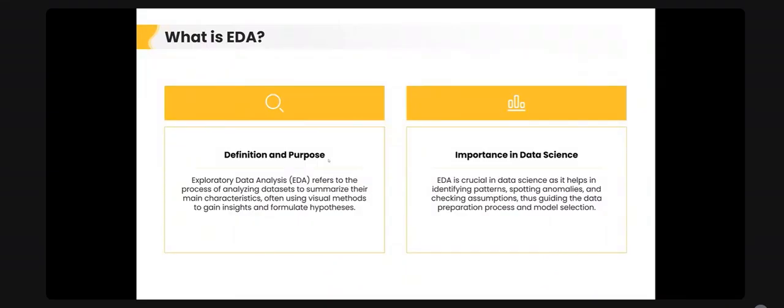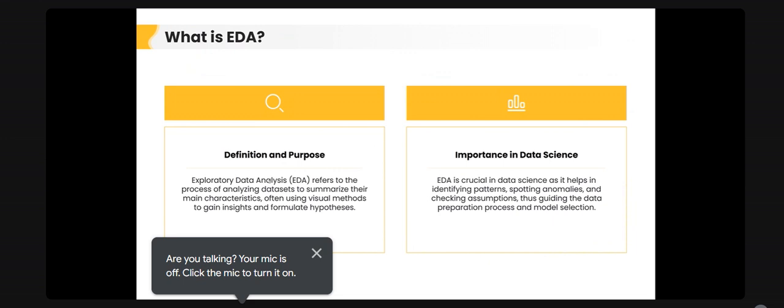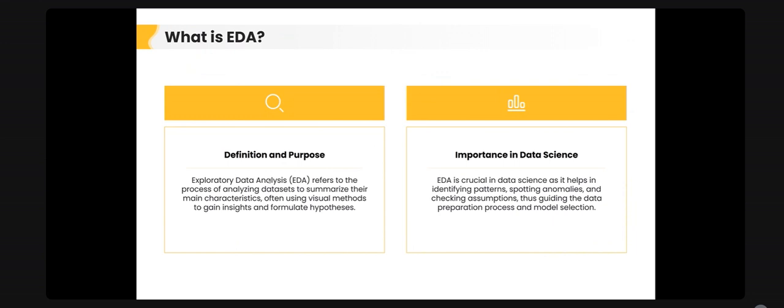So this is the definition. Why do we need EDA? EDA refers to the process of analyzing data sets. What are we analyzing here? The data set, whatever data you have. It could be categorical data. You have 10 columns, all categorical, and you have another data set where all columns are numeric, which means all the data is of a numeric data type. And what is the purpose?